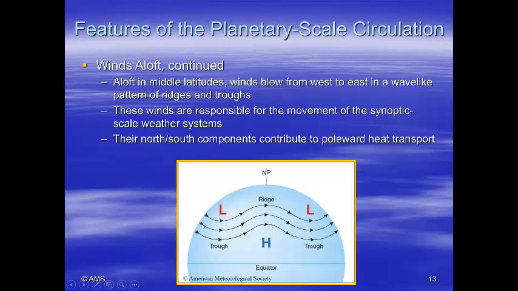So if we have a low here, a high here, and a low here, we get this wave pattern that starts to develop. Here's the top of the wave, the ridge, and here's the lower part of the wave, the trough. These winds are responsible for movement of synoptic scale weather systems, and their north-south components contribute to the poleward heat transport.